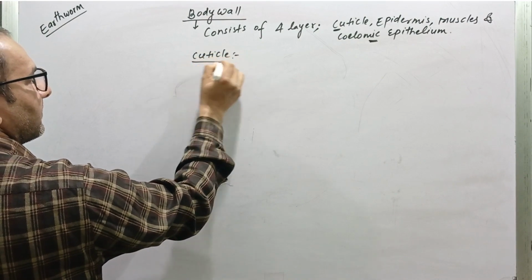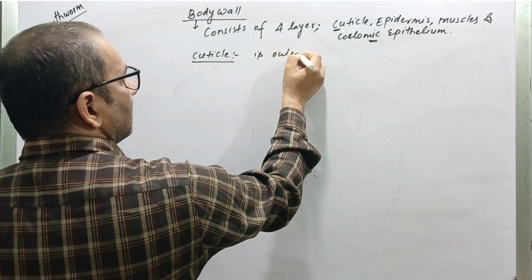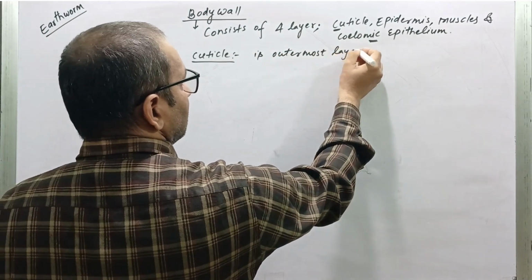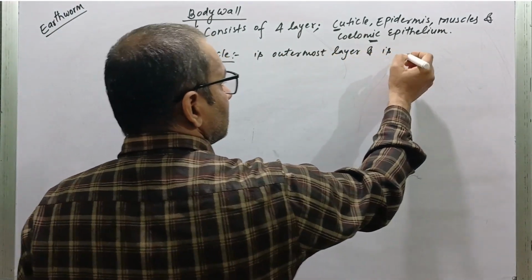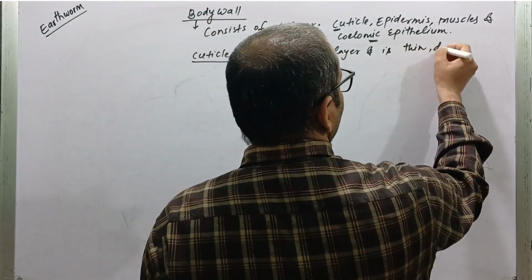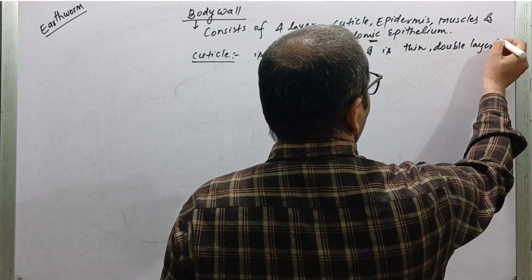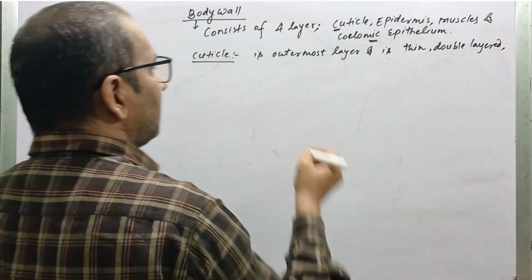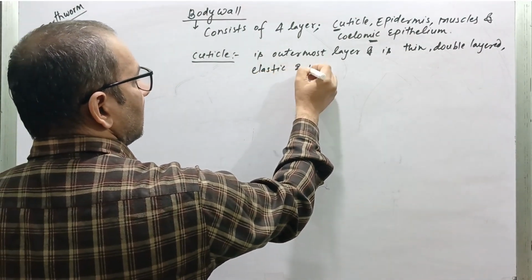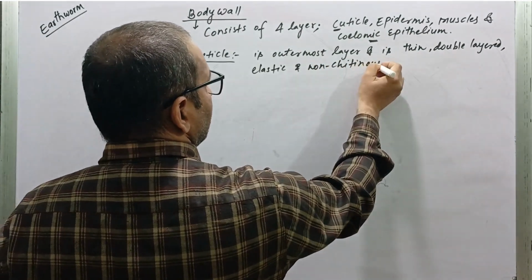cuticle. The cuticle is outermost layer and is thin, double layered, elastic and non-chitinous.